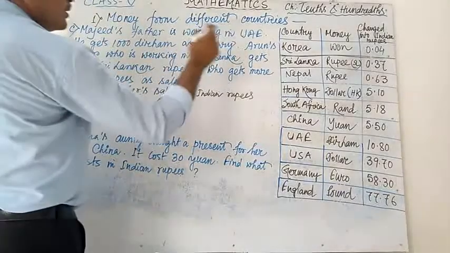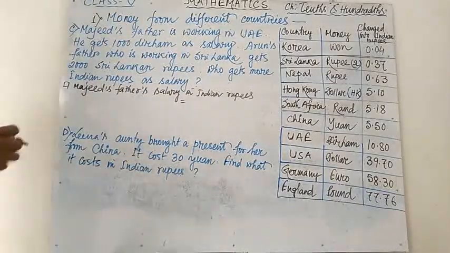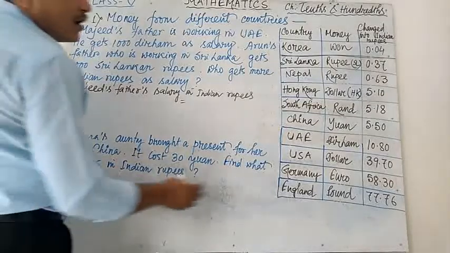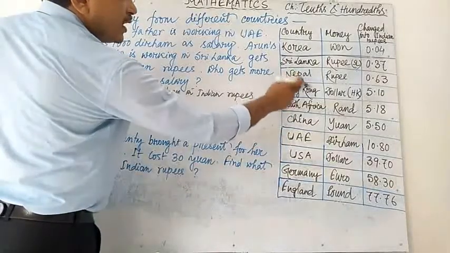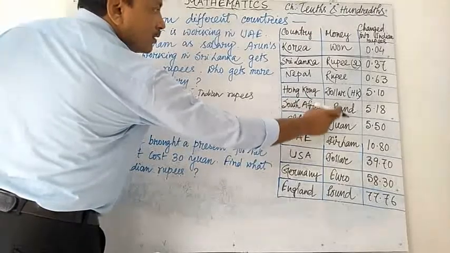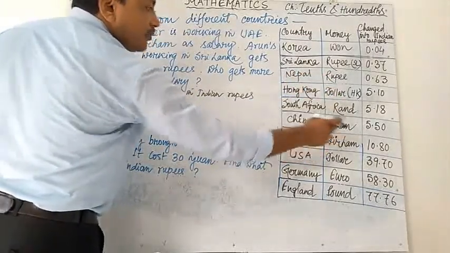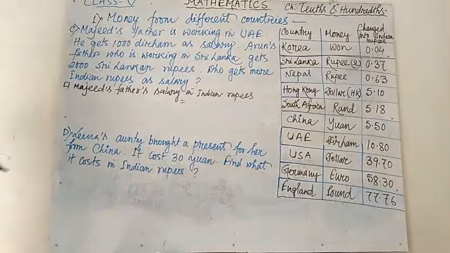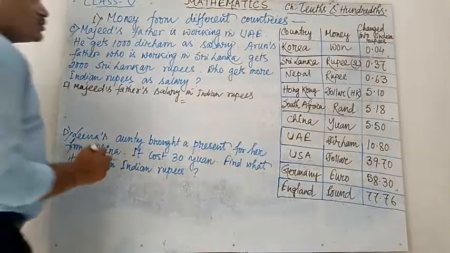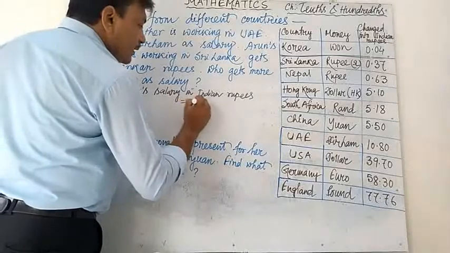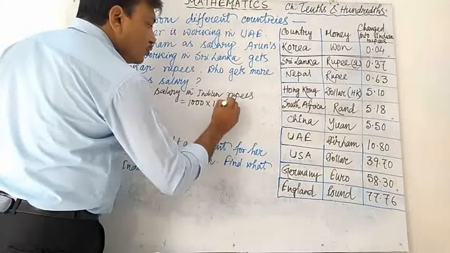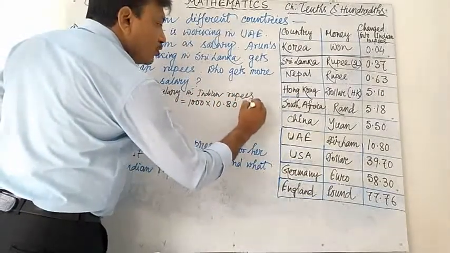1000 dirham. Now 1 dirham equals, for UAE dirham, 10.80. So 1000 dirham is 1000 into 10.80 rupees.